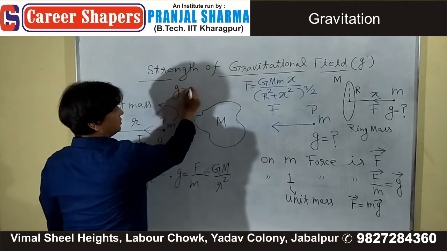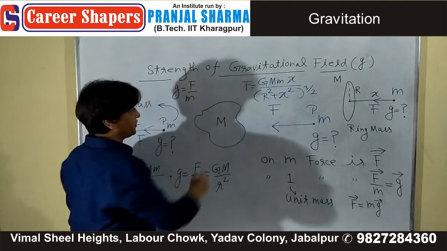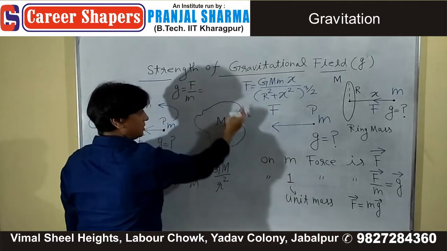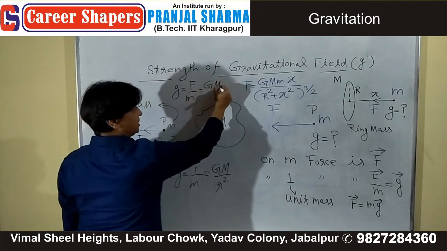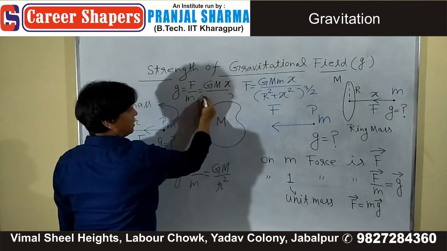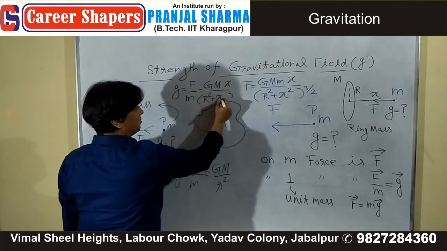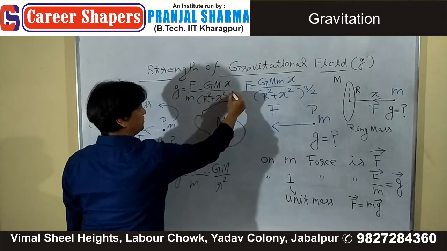What is g? g is force divided by m. F divided by m is coming G m x divided by (r square plus x square) to the power 3 by 2.